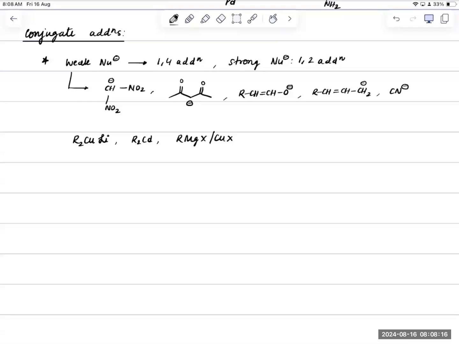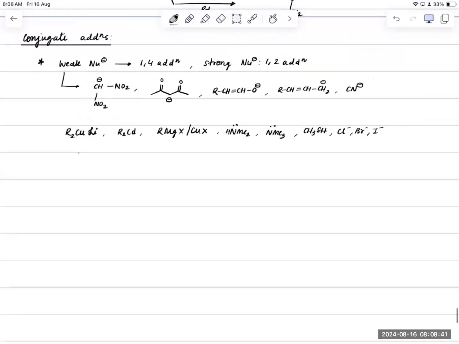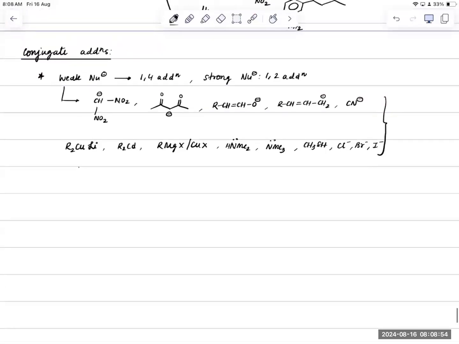These cases, then secondary amines or tertiary amines, and CH3SH, if you have Cl minus, Br minus, I minus here. Whenever you notice these kind of cases, you will observe these are all going to be weak nucleophiles. These are all the cases of weak nucleophiles, weak only with respect to conjugate addition.